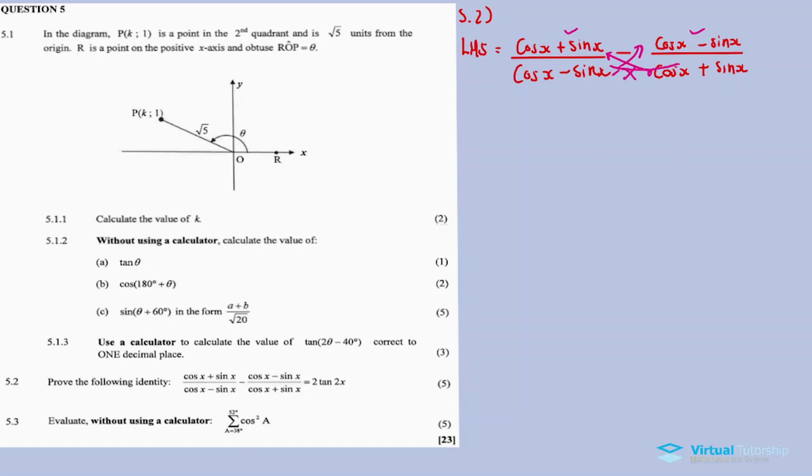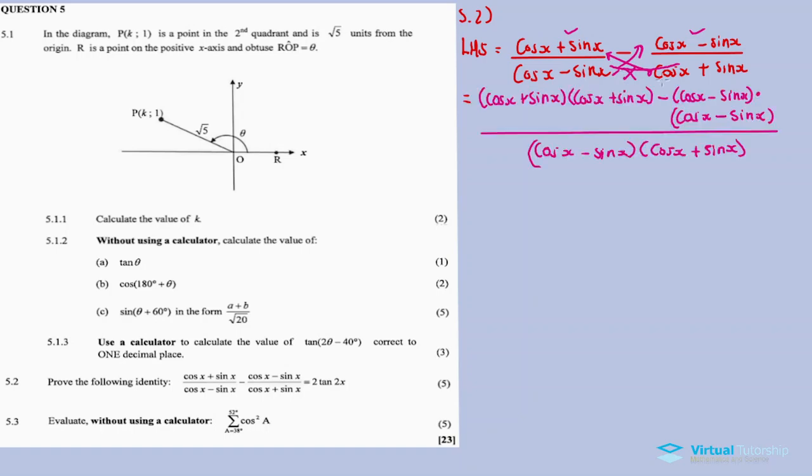So we'll get something like this: cos x plus sine x times that cos x plus sine x, minus this cos x minus sine x multiplied by cos x minus sine x, divided by this times this, right?